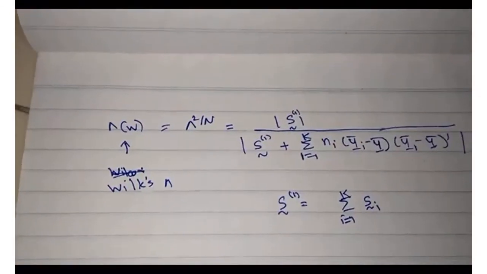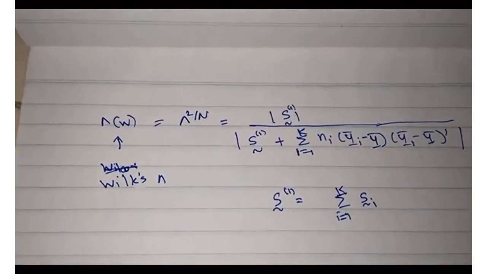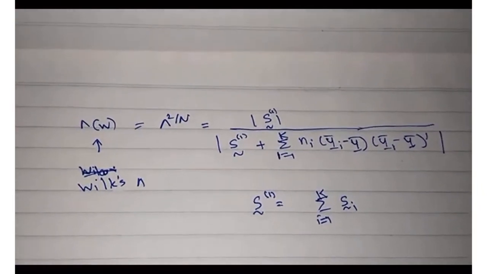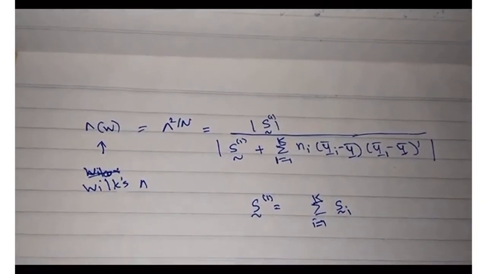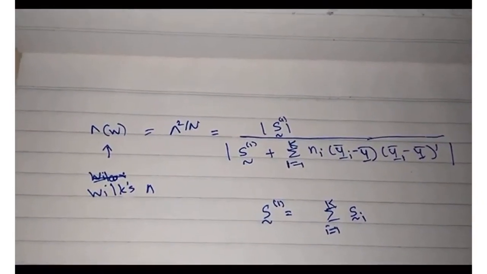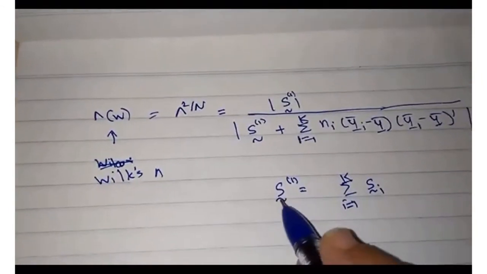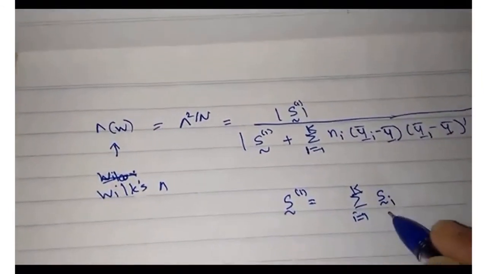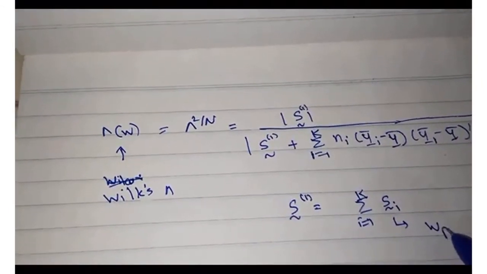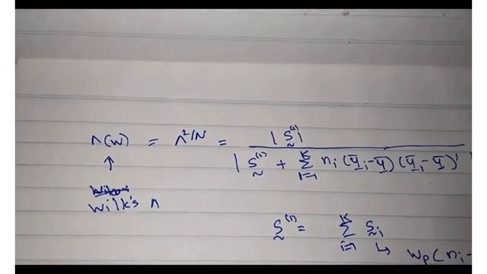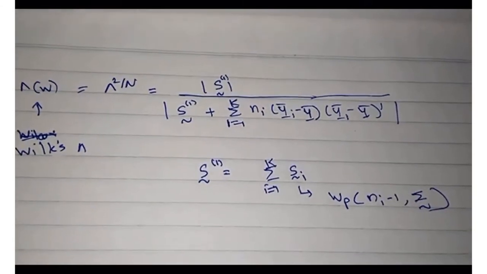Now, using this we are going to have something similar to what we had in univariate ANOVA. In univariate ANOVA, we know that the total sum of squares is divided into two parts, between group sum of squares and within group sum of squares. So here we have something similar. First of all, we know that S1 is the sum over Sis, and each Si individually is p-variate Wishart with ni minus 1 degrees of freedom and sigma as the parameters.